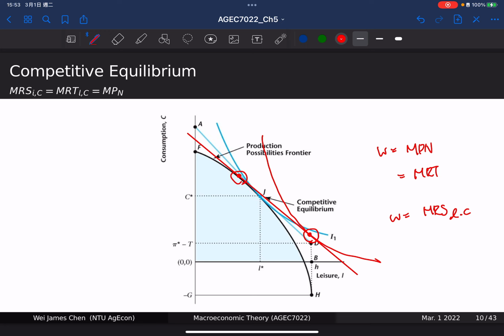And so if I draw the wage as the red line here, then you will see that the two points are not the same point. Then I know that this wage is not the competitive equilibrium. Okay, so for a wage to be a competitive equilibrium, it must be like this.